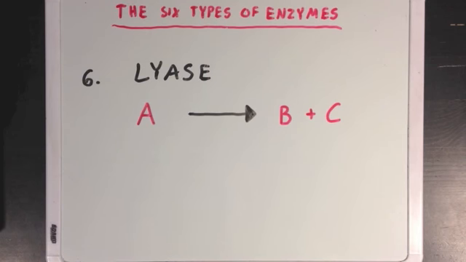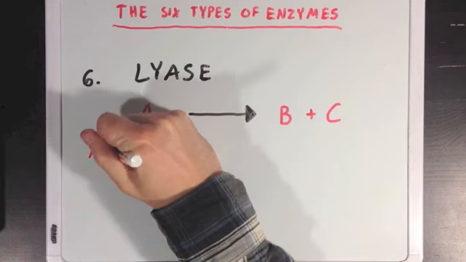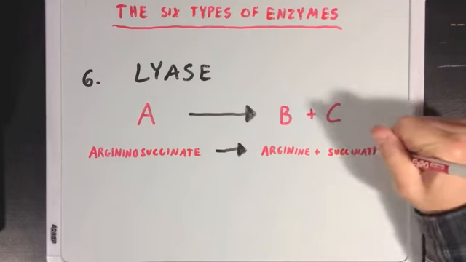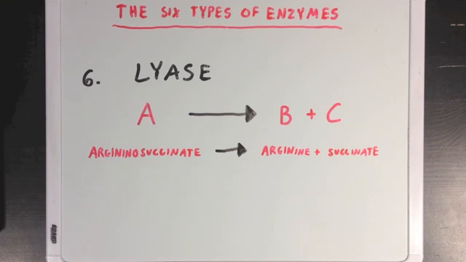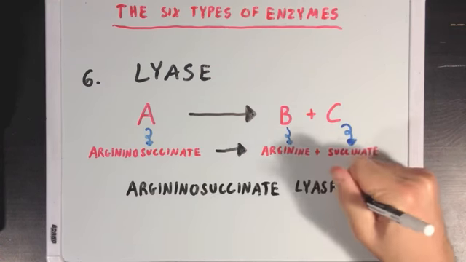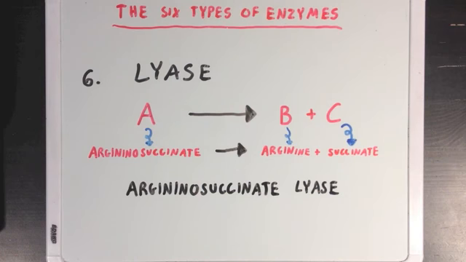And one example of a reaction catalyzed by a lyase is the cleavage of argininosuccinate into arginine and succinate. And this reaction takes place during the urea cycle, which you also might be familiar with. Now, this specific reaction is catalyzed by an enzyme called argininosuccinate lyase, which is appropriately named because it is a lyase that catalyzes the breakdown of an argininosuccinate molecule.